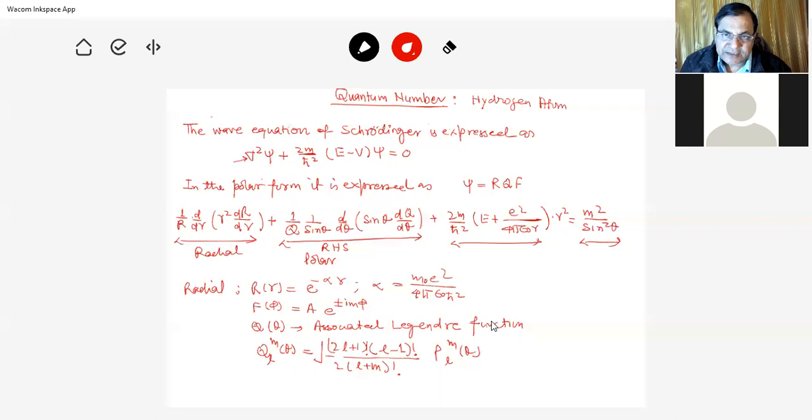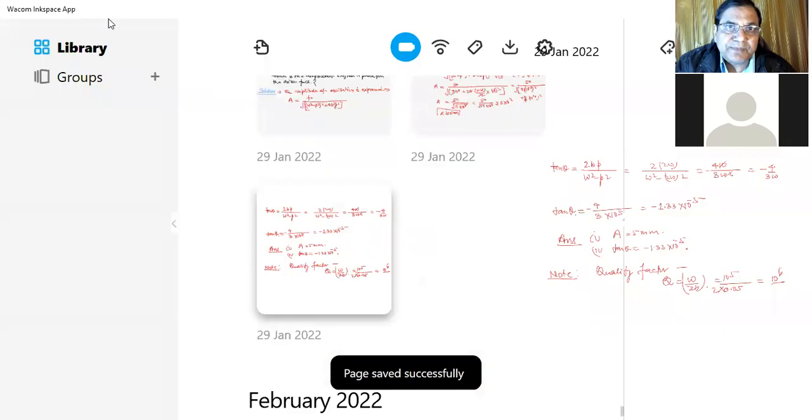This is the Legendre function, P L m theta is the Legendre function.